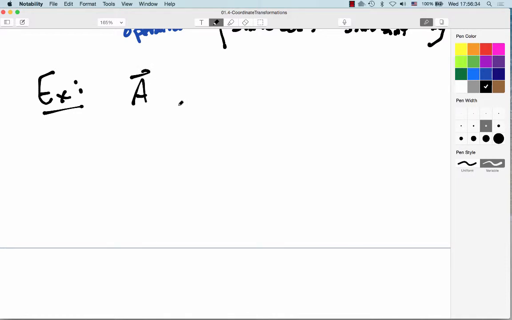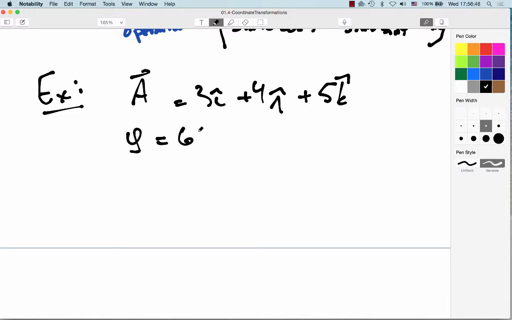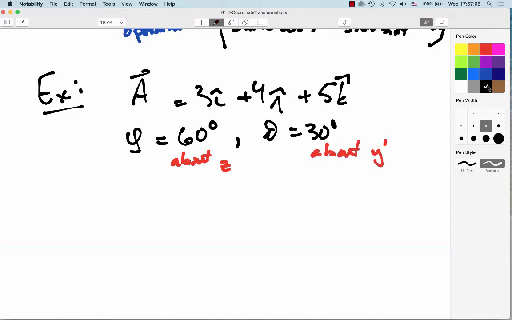We'll take our vector A, that's 3i hat plus 4j hat plus 5k hat, and we will first rotate 60 degrees about the z-axis and then rotate 30 degrees about the new y-axis, about the y prime axis. So this is about z without any primes, and then this becomes about y prime. Okay.